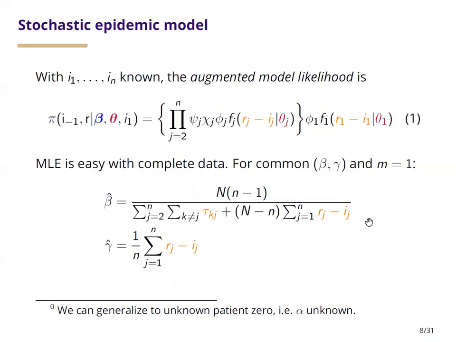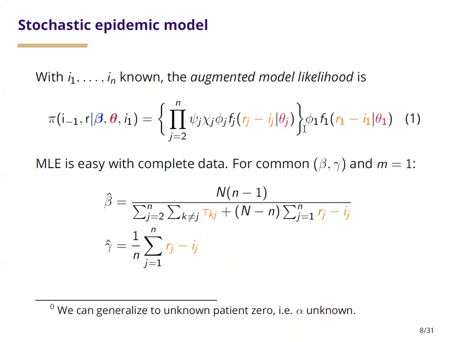Now, if we actually had the infection times, we could write down an explicit model likelihood with these shorthand probability statements. This is what's shown here in Formula 1. So we're writing down what I refer to as the augmented model likelihood, where for each infected individual, J, we have their before infection probability, their jump probability, the probability they don't infect the never infected, and then they're removed with some density for their infectious period length.